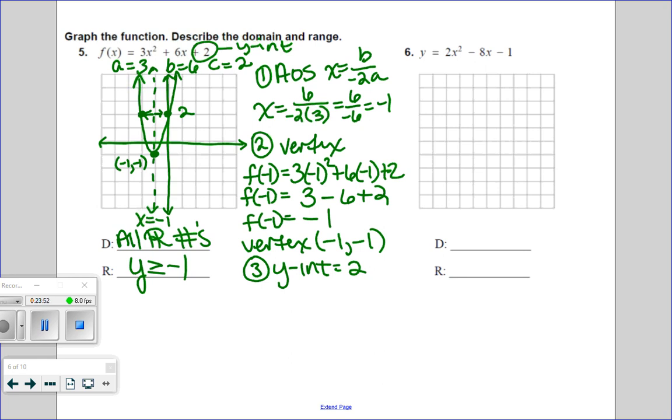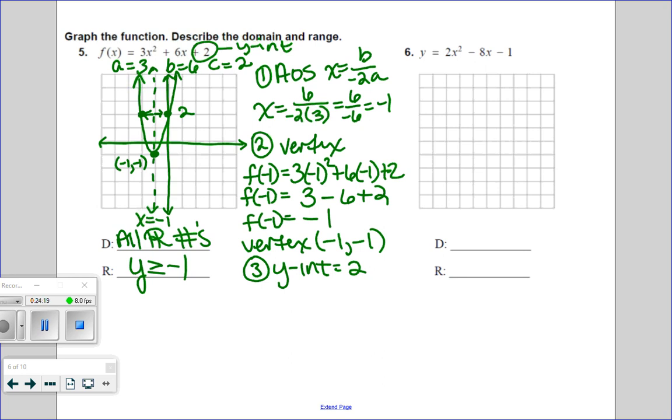The only time that the domain on a parabola is not all real numbers is if it's a word problem. If all of a sudden that x-axis represents, I don't know, time, for example, negative time doesn't make sense, so then we would start at 0 and go forward. When it's in the context of a situation and that x input represents something real, like time or distance, there might be some natural limitations to it.